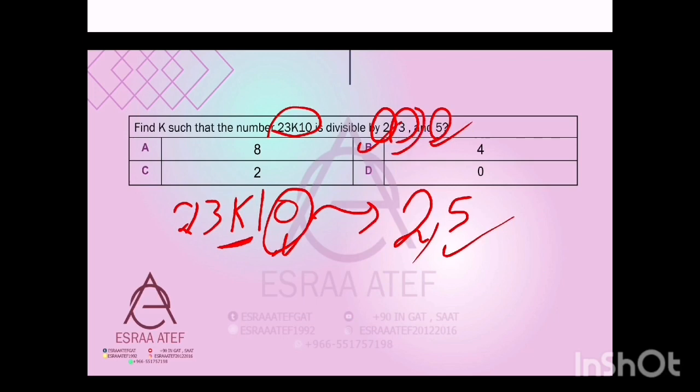The problem is with 3. How can we divide it by 3? In the divisibility rules, to divide by 3, we should add all the digits, and the sum should be divisible by 3.